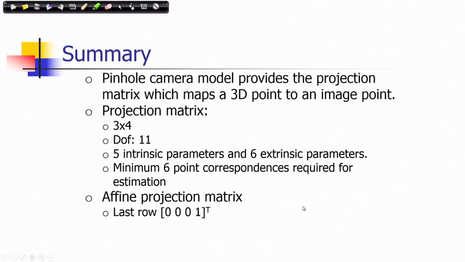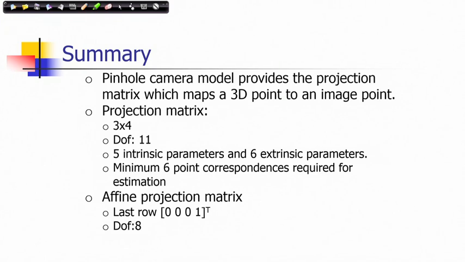So, the structure of the projection matrix for this kind of affine projection has a unique distinction. It should have a row with 0, 0, 0, 1, or any scale value in the place of 1. Its degree of freedom: if I fix the scale value at 1, the rest are independent parameters.